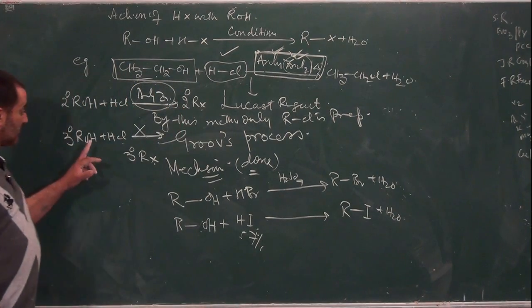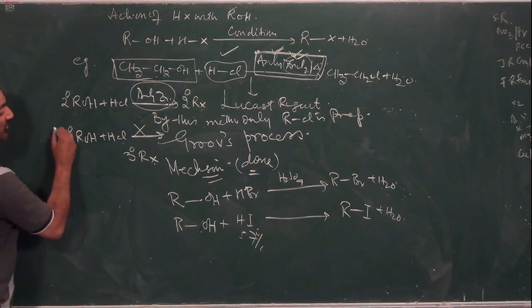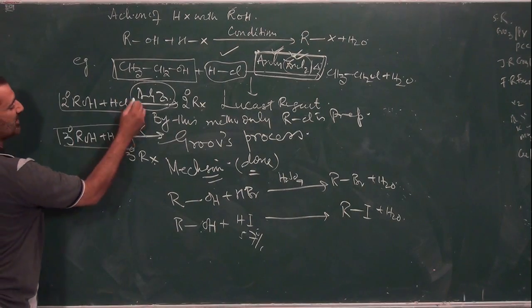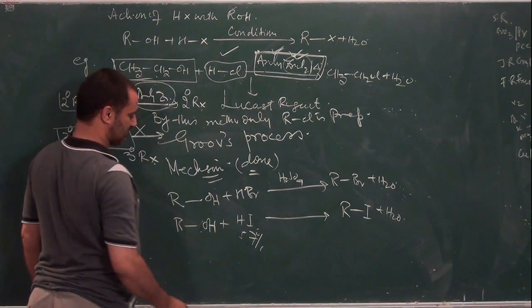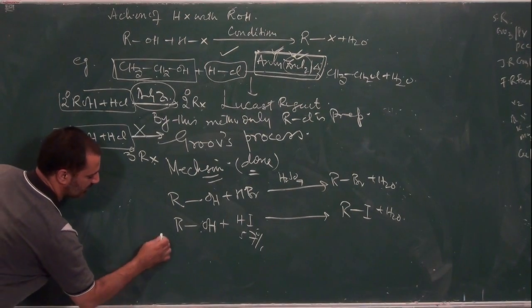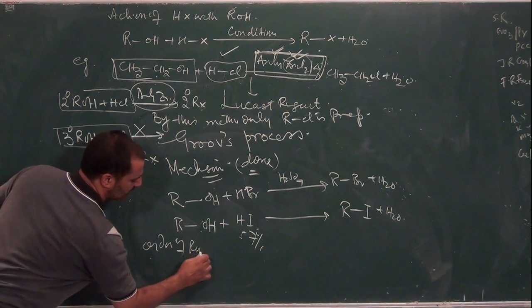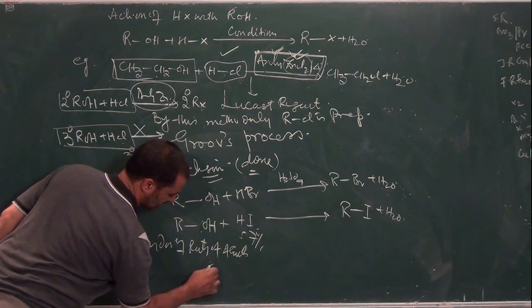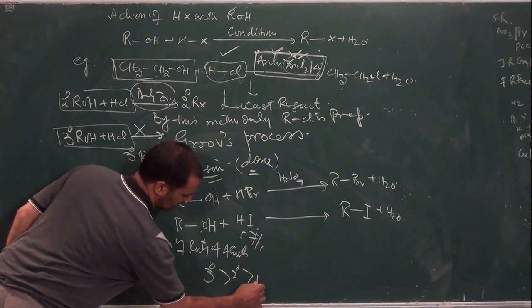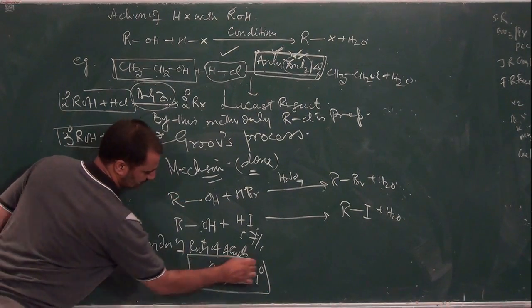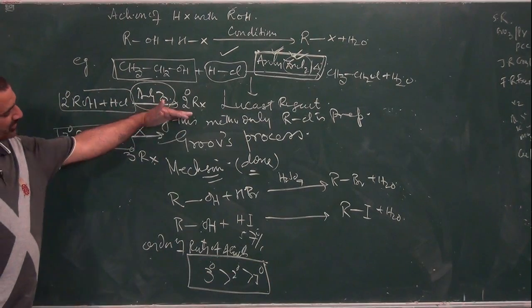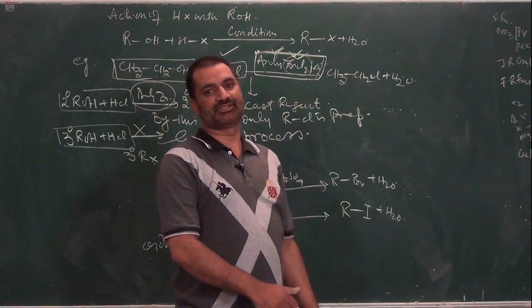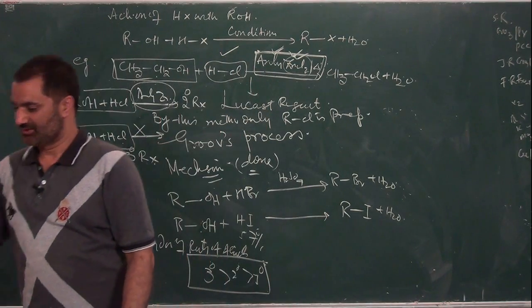So tertiary alcohol is more reactive than secondary, and secondary is more reactive than primary. So the order of reactivity of alcohols is tertiary, secondary, primary. The mechanism of these reactions is already done when we discussed alkyl halides.